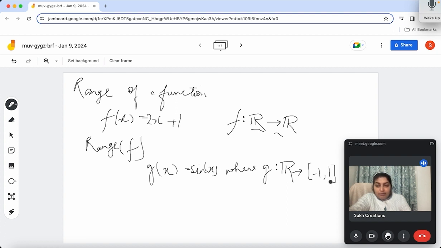The range is limited because the sine function oscillates between these values. If we draw any sine function, it will keep on oscillating between these values, minus 1 and 1.